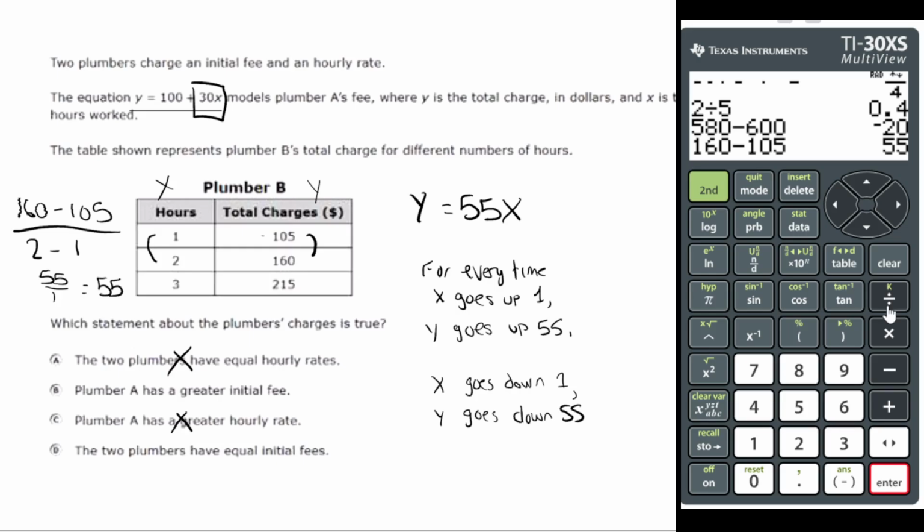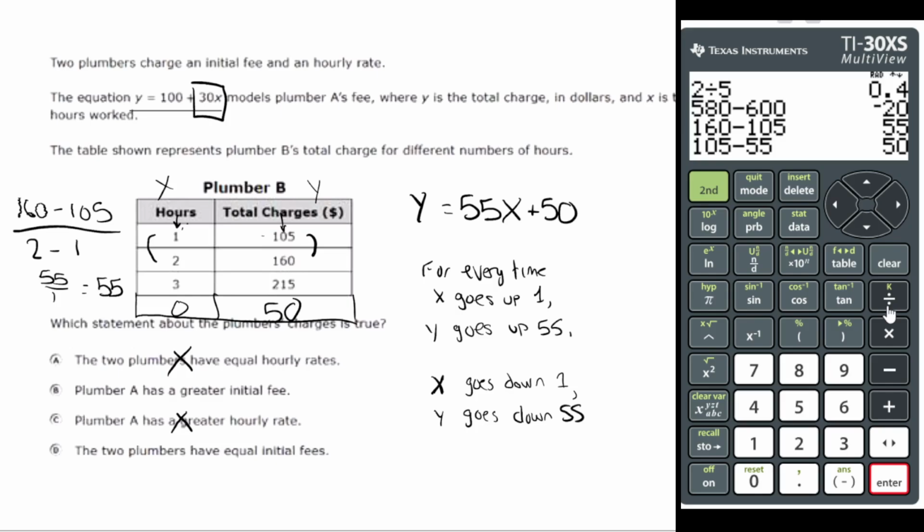So to get to our initial fee, we need to be at 0 hours. So we're going to subtract 1 hour from this first data point. And if X is going down 1, then the Y needs to go down 55. So 105 minus 55 is 50. So that means that if there was a 0 on here, we would have 0, 50.